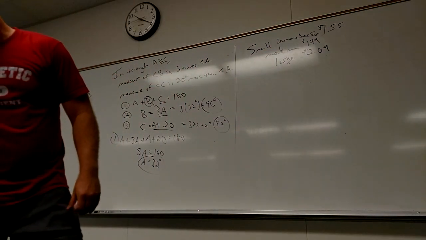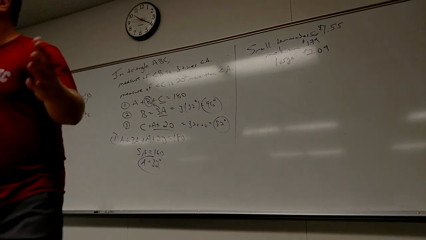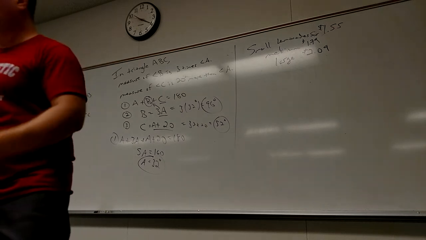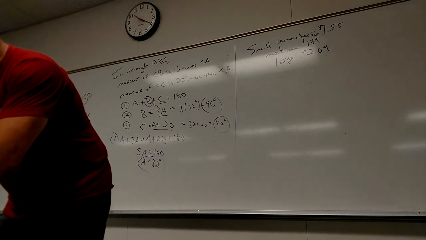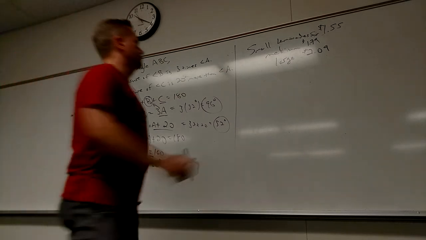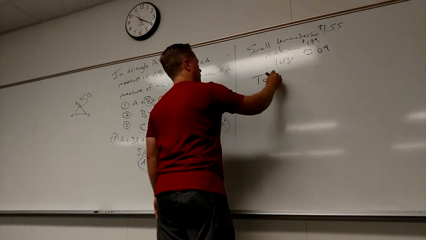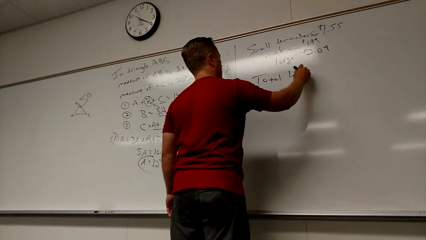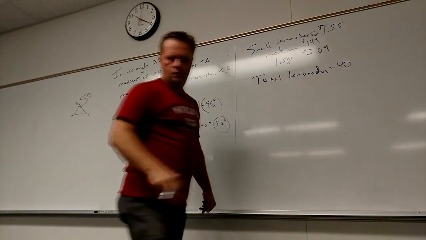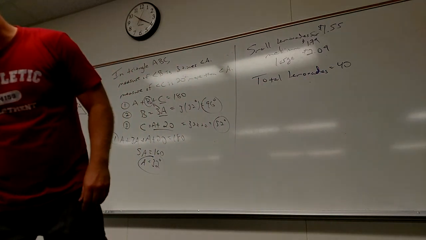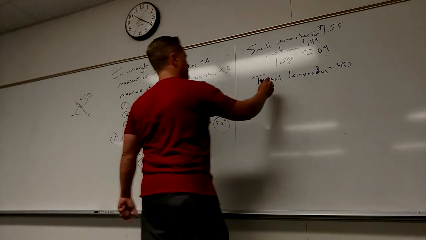During a lunchtime rush, Chris, I love how they give names like we know this guy, remember Chris, works at Chick-fil-A, sold 40 total lemonades and made a total of $70.70.